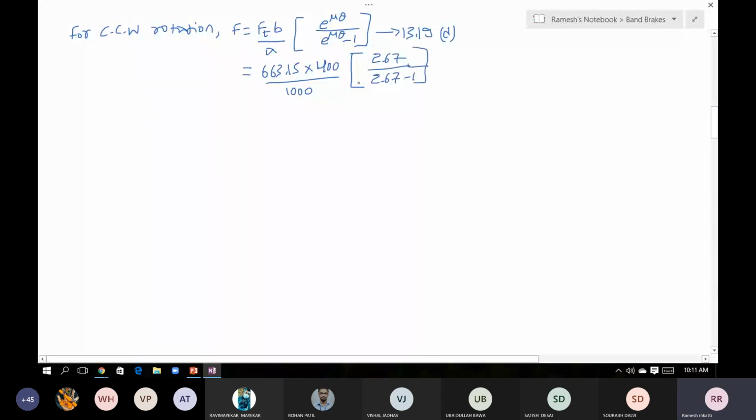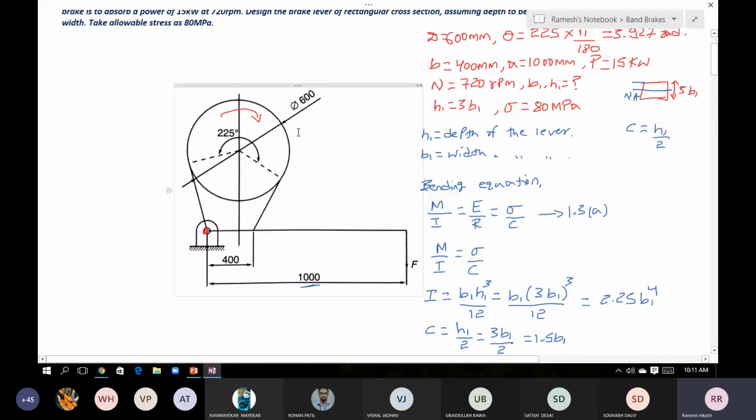After substituting all the values, you will be getting the force. Therefore, force will be 424.1 Newton. This is the force which you will be getting when the drum is rotating in counterclockwise.